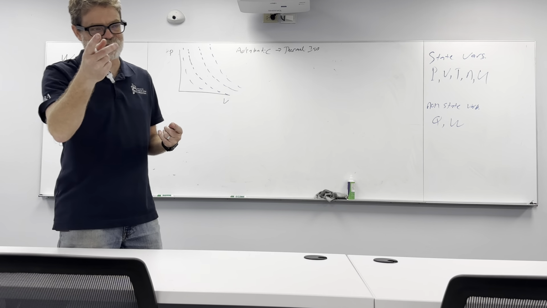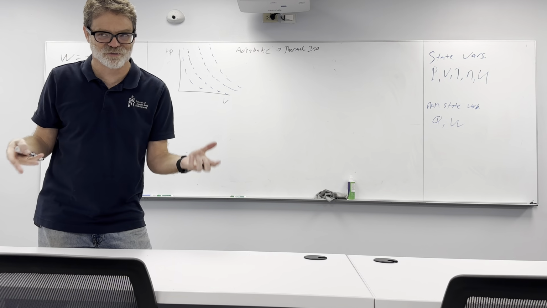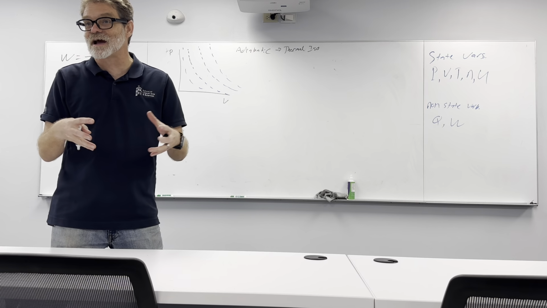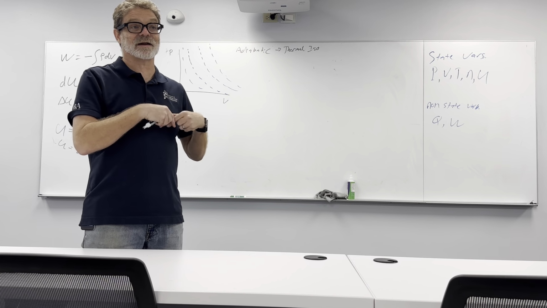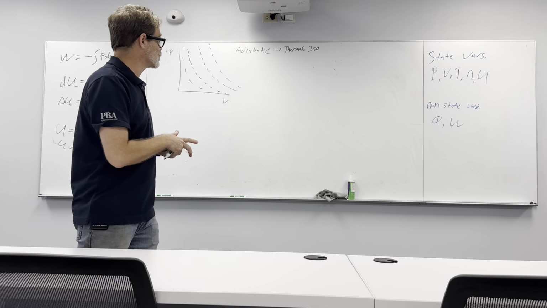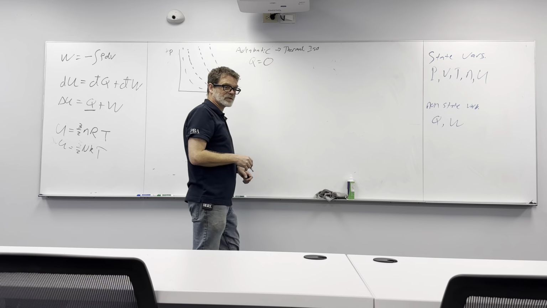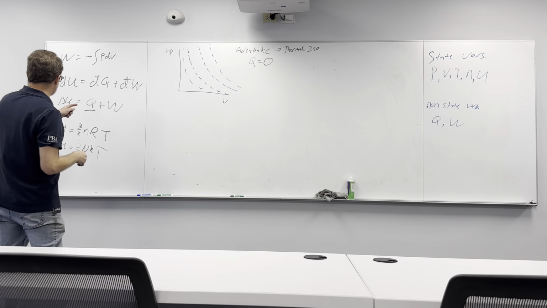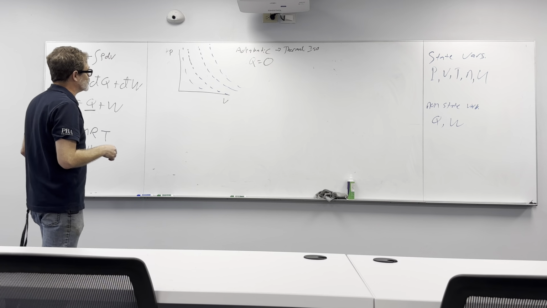When I thermally isolate stuff, I don't want heat transfer. But I'm going to allow the gas to expand or contract, while keeping it thermally isolated. I'm not going to allow any heat transfer. So Q equals zero in this process. If Q equals zero, then what does that tell me about delta U?